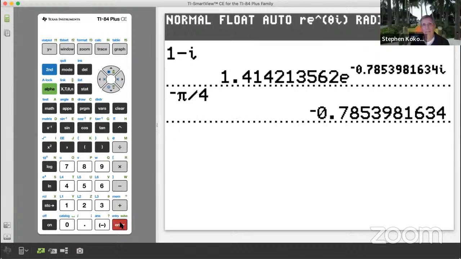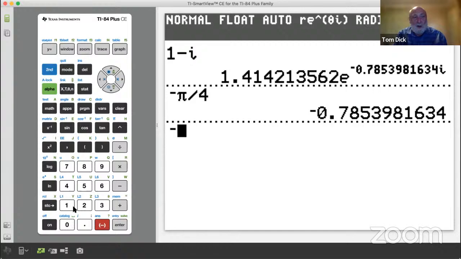Okay. How about that? And what's interesting is back on your number 3, where you were given numbers in rectangular coordinates, unless Curtis or Vicky knows some other way, this is the way to do it: you change them to complex form while you're in this re to the i theta format, and then you can read off the radius and the angle. For example, I think you had one that was negative 1 comma 2.